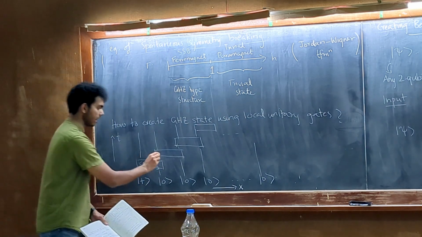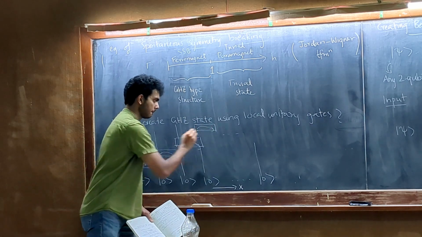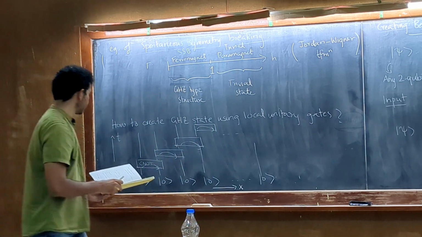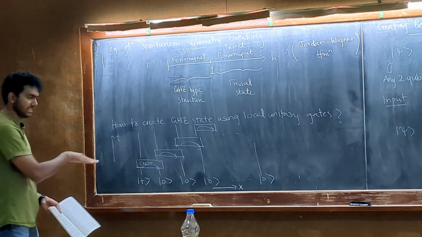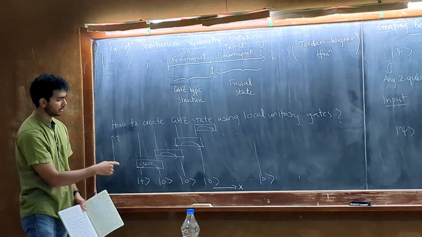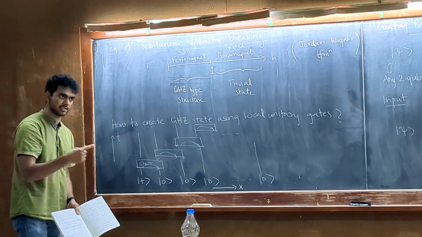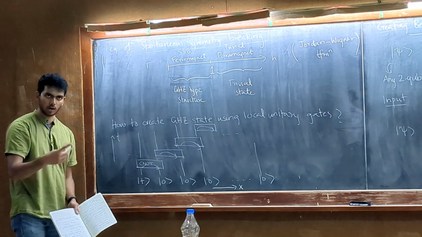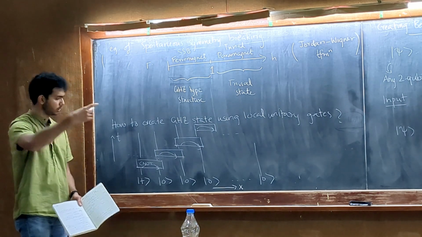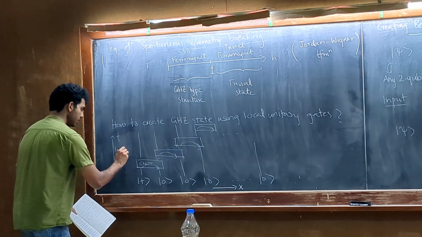And just draw an arrow here to denote which is the input and which is the target. So let's see what the state looks like at each step. So if you look here, I explained earlier that if you apply a CNOT gate on a plus times 0, you get a Bell state, right? Plus is 0 plus 1, and the 1 flips the next 0, so you get a 0, 0 plus 1, 1.